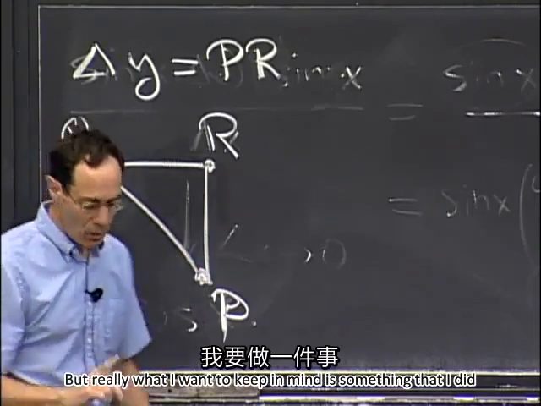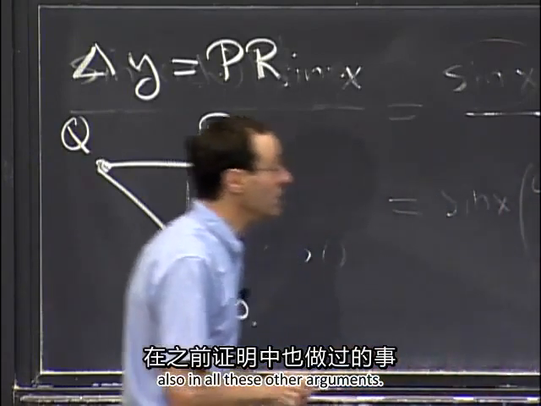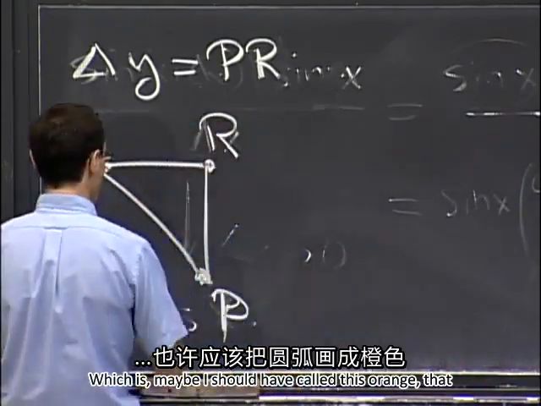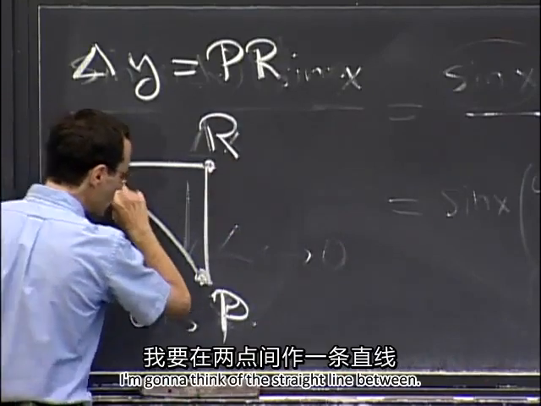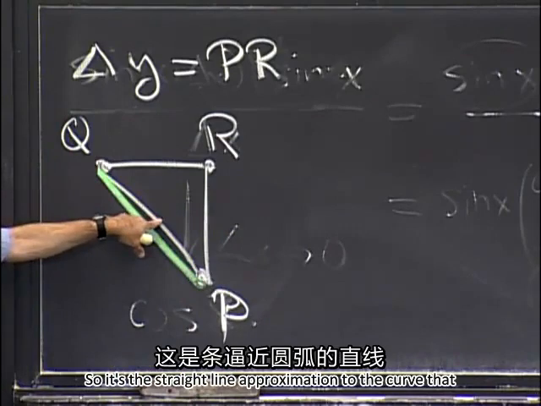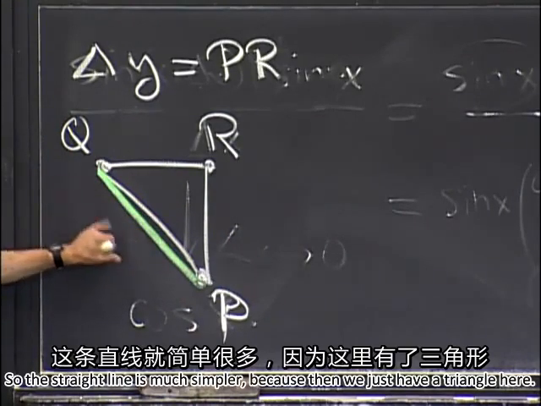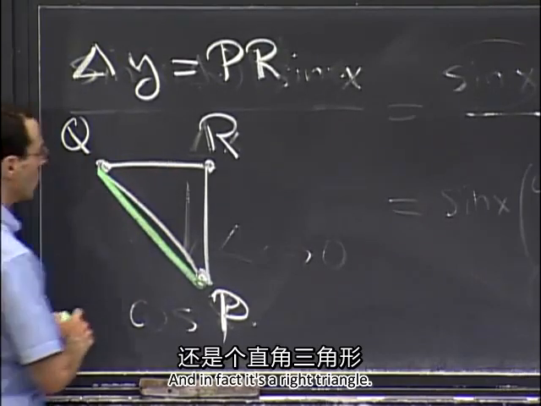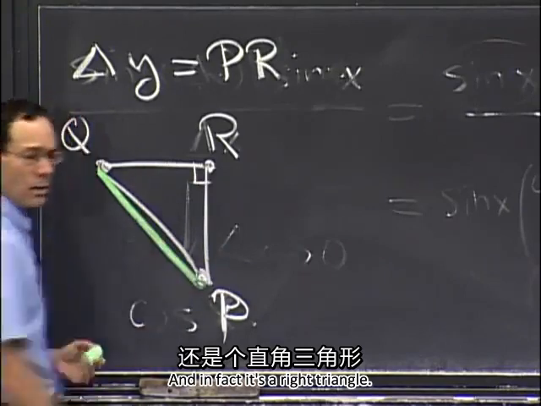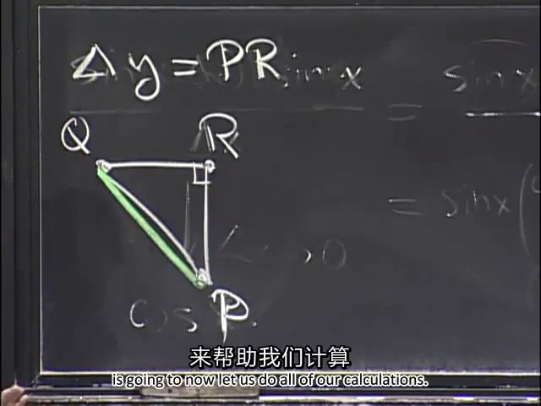But really, what I want to keep in mind is something that I did also in all these other arguments, which is this straight line between. So it's the straight line approximation to the curve that we're always interested in. The straight line is much simpler because then we just have a right triangle. So we have the geometry of a right triangle, which is going to now let us do all of our calculations.